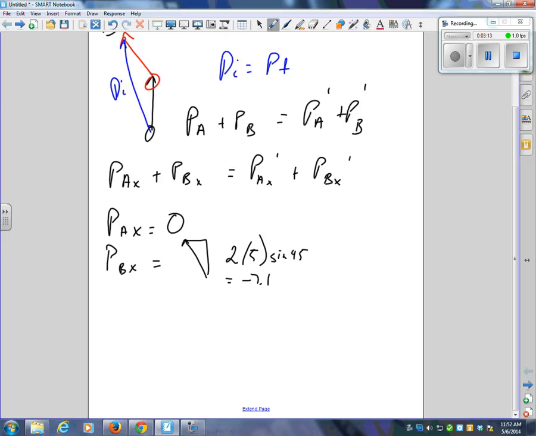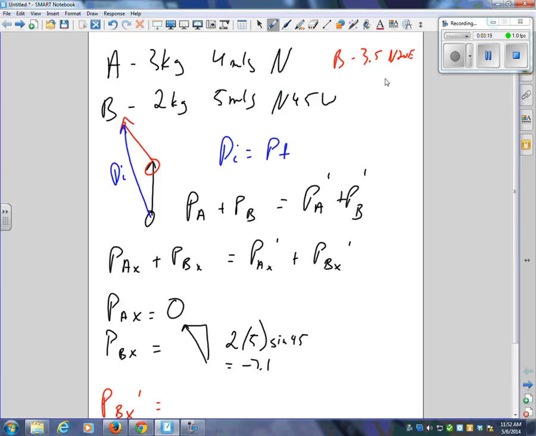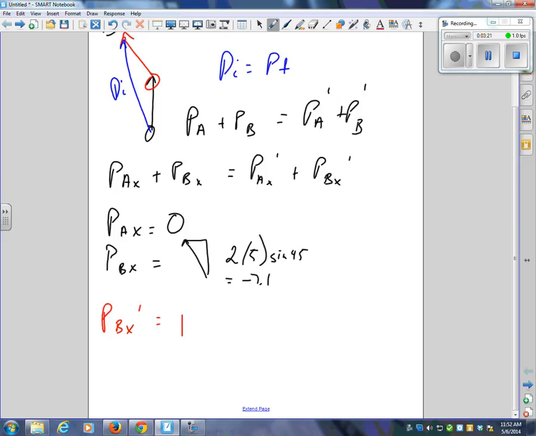So PBX prime, north 20 east, that's not to scale, is going to be 2 times 3.5 opposite sine 20, which is positive 2.4.